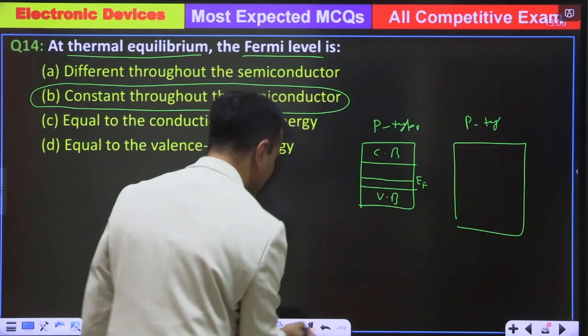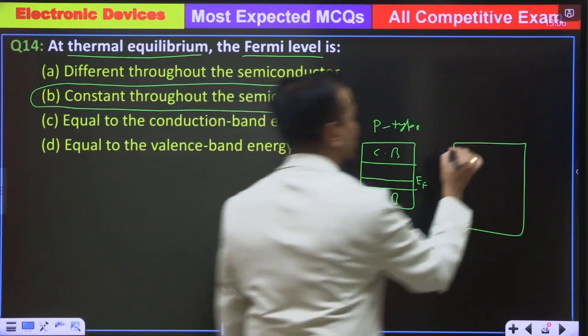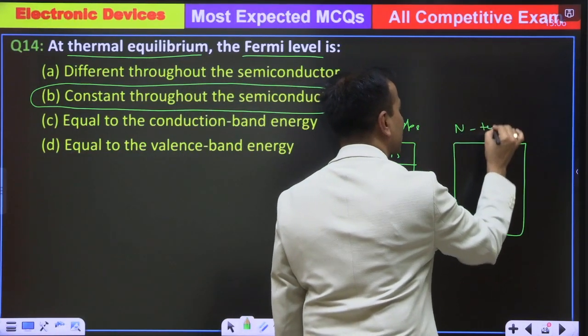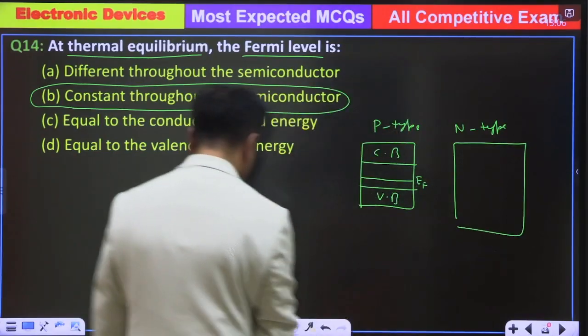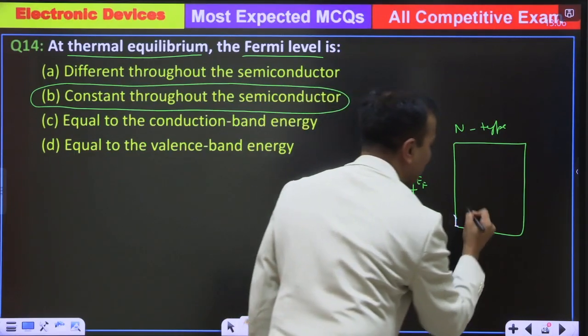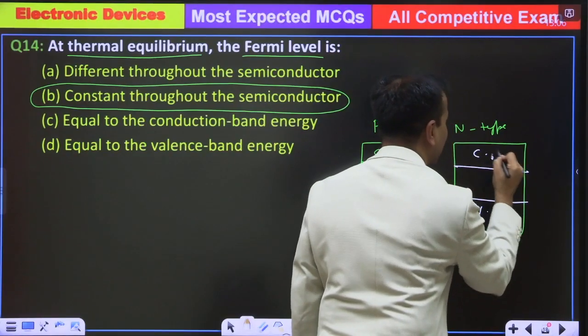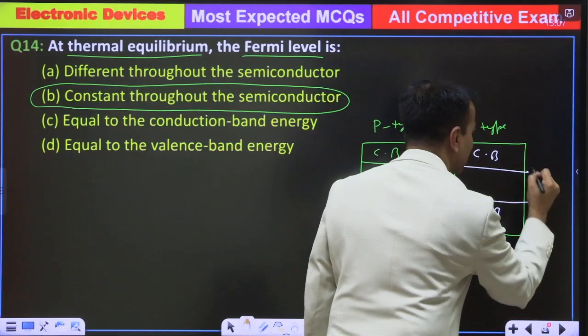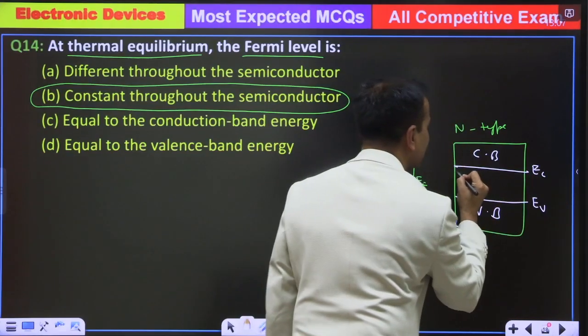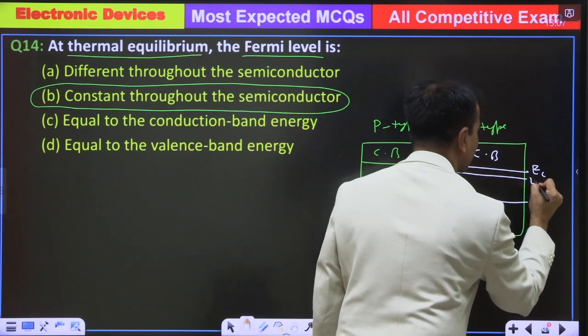Sorry, this is the N type semiconductor. For this N type semiconductor, how will things change? They will change in this way. Here this is the valence band, this is the conduction band, this is EV, this is EC, and the Fermi energy level is lying somewhere at this point EF.